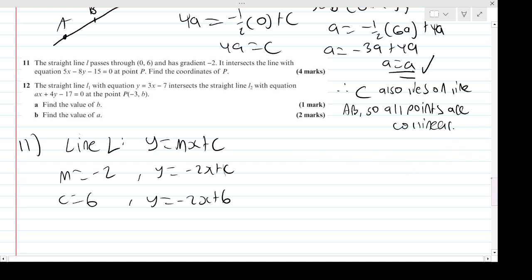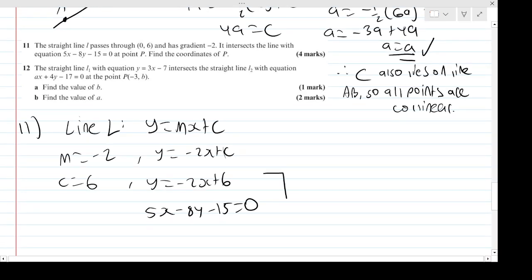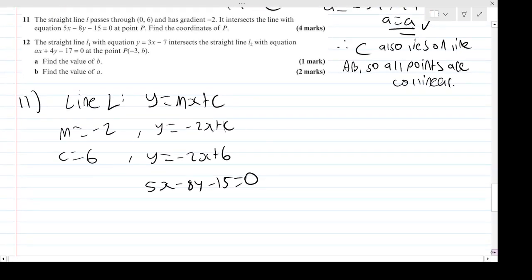Then it's intersected with this other line, which is 5x minus 8y minus 15 is equal to 0. Okay, well these are effectively simultaneous equations, right? Because the two equations are the two lines and they both intersect. So we need to equate them together. So let's equate the y value together.